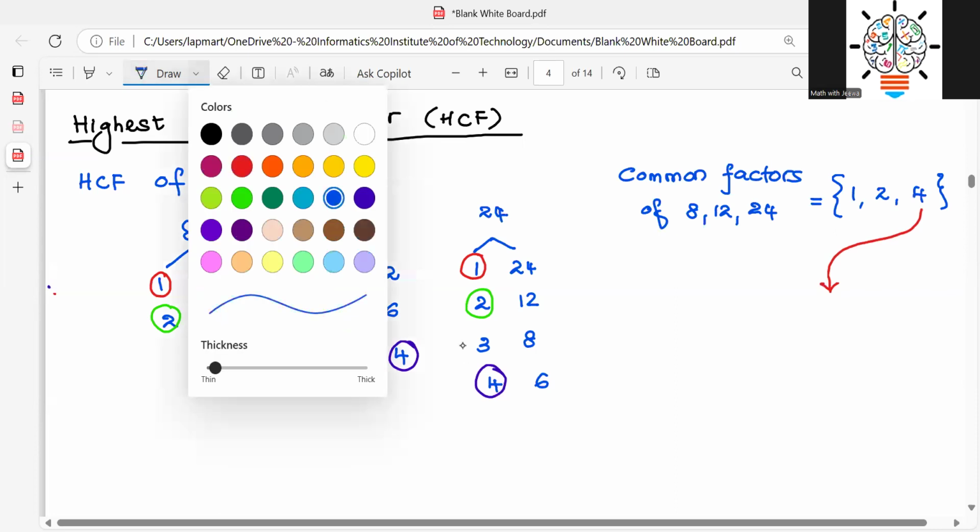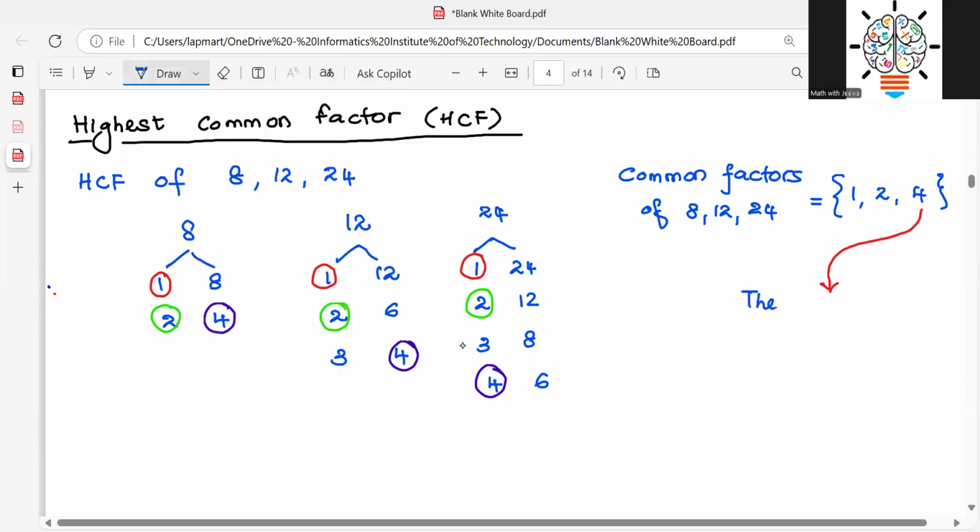That is the highest common factor. Right? Different teachers will explain different methods to get the HCF.